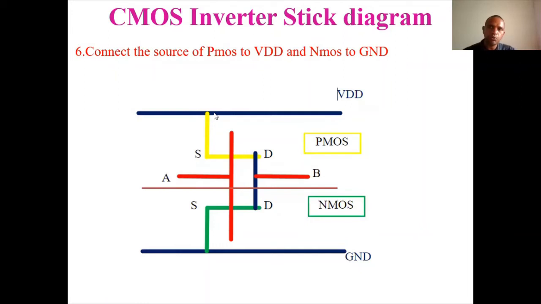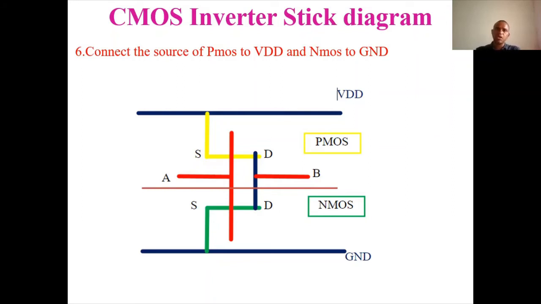Why do we use a contact cut? If two different materials are crossing each other, there is no electrical contact between them. To make an electrical contact, you have to use a contact cut. Connect the source of PMOS to VDD and NMOS to ground. This is the rule. This is the process.